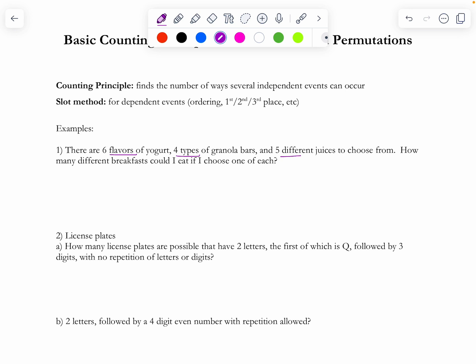So this is the counting principle, or the basic multiplication principle. All I have to do is multiply 6 times 4 times 5. We can use our scientific calculator, or do it in our head. We have 120 different breakfasts that we could choose.